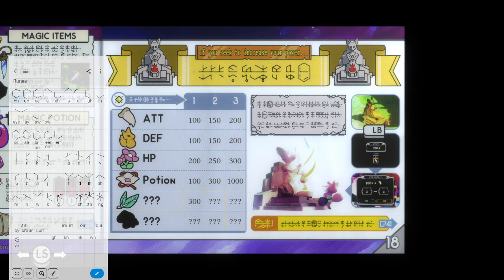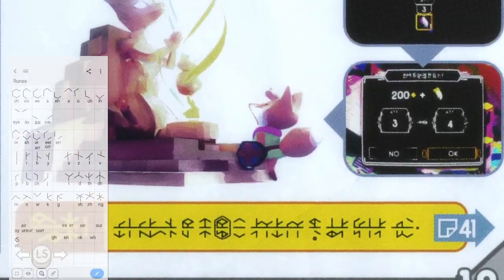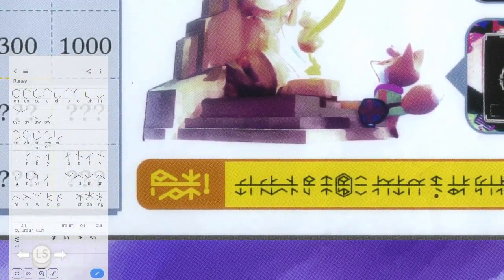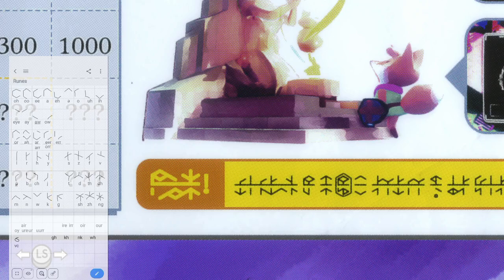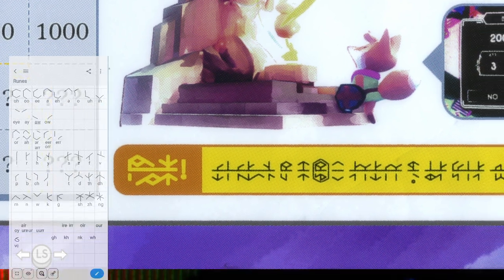Let me skip this, but what was it talking about on page 41? Warning.